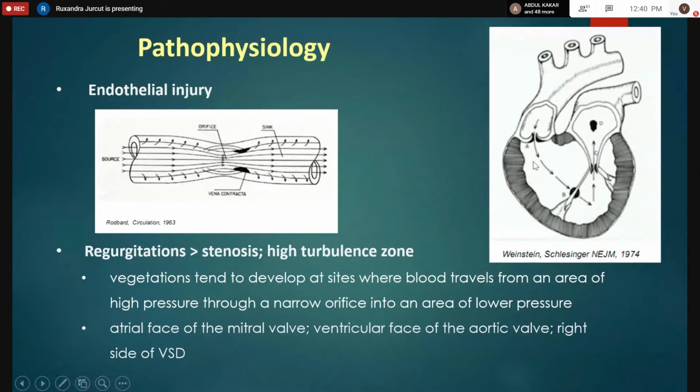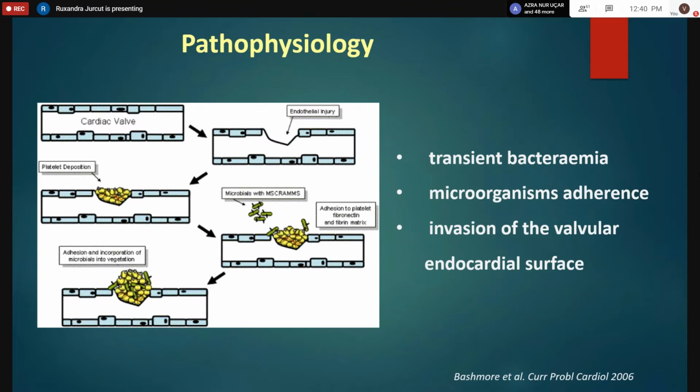Of course, there is no rule in medicine that does not have exceptions, and this is just something to orient us in order to say this mass on the valve could more probably be a vegetation than something else.